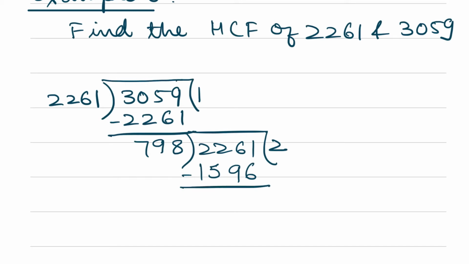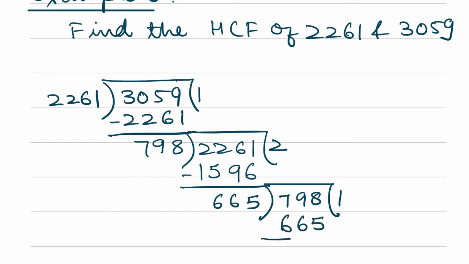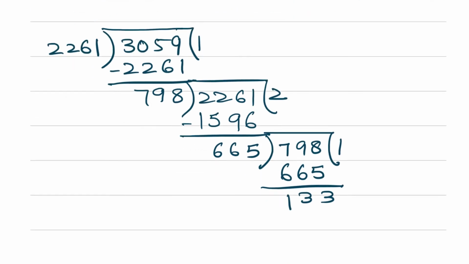Subtracting, we get 665. Now this becomes the divisor and 798, the previous divisor, becomes the dividend. 1 time 665, we get 133.